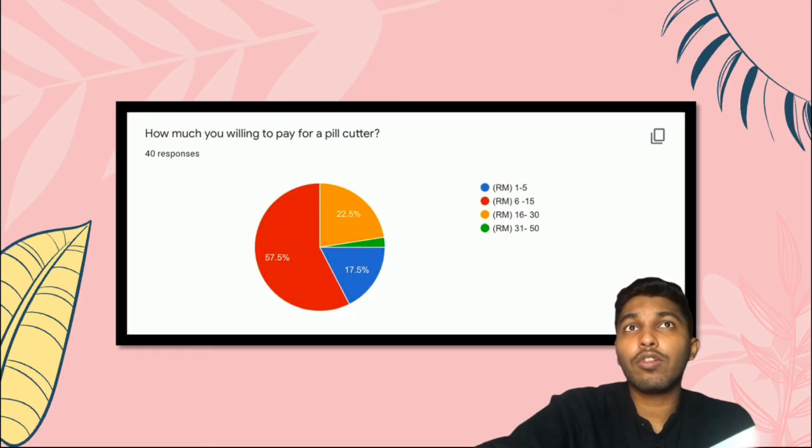Only 7 of them answered they can afford 1 to 5 ringgit, which is the best price. And lastly, only 1% can afford 31 to 50 ringgit. So by this we can get to know that customers prefer a decent price like 6 to 15 ringgit, and they don't want an overly cheap price like 1 to 5 ringgit.